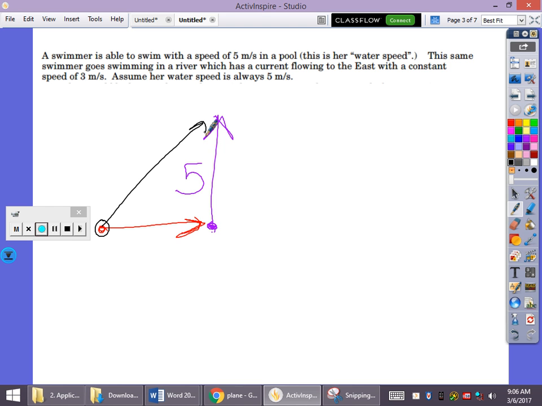Okay? So my path of the current was here, and now it's here. So that is going to be the angle that I'm looking for, and I need to find the speed. So the length of this line will be my speed, my magnitude, and this angle will be my direction. So please find those two pieces of information now. And again, it's pure north, pure east, which makes it what type of triangle?